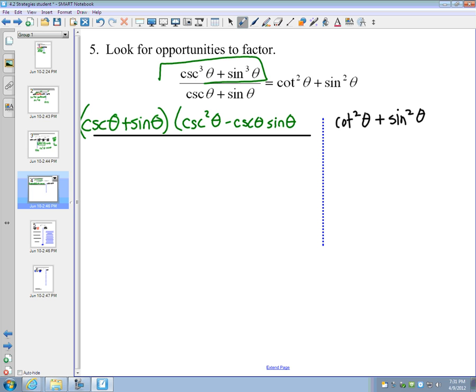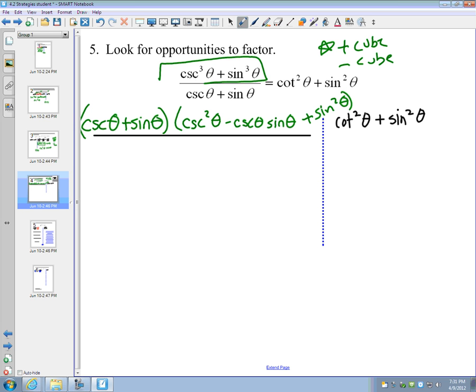I know you guys can do this in your sleep, right? So it might be a good idea to look up factoring a sum of cubes and a difference of cubes, in case you guys forgot how fabulously I taught that to you.